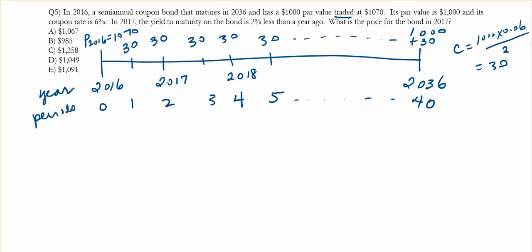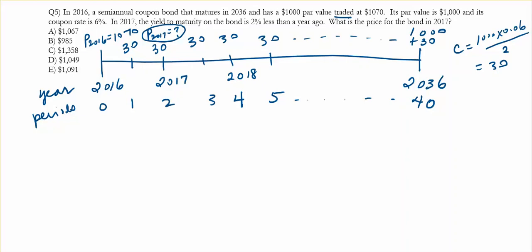Now, we want to know what is the price of the bond in the first day of 2017. So this is what we want to know. Basically, what's the price of the bond 2 periods in?